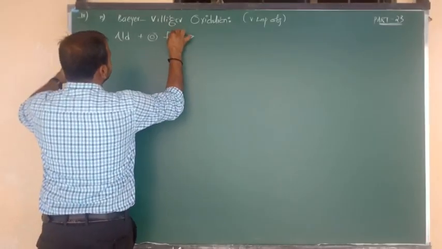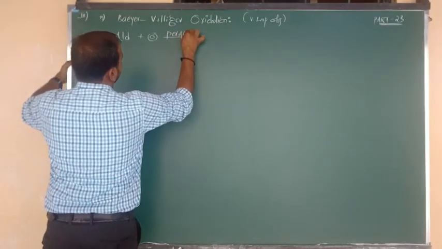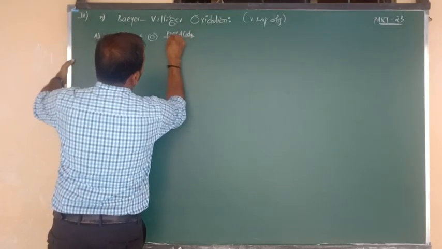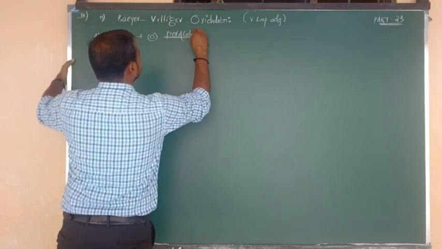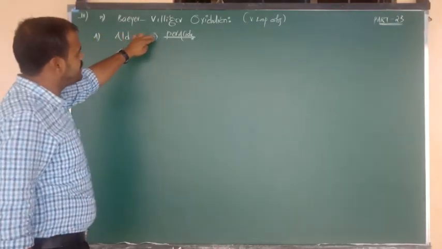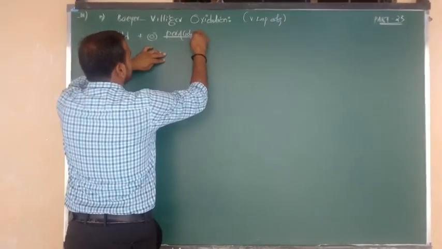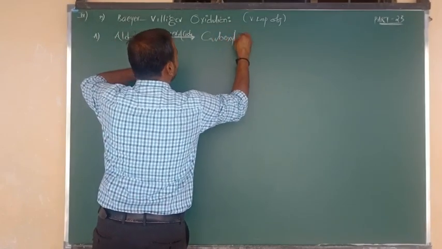So what is the reagent we are going to use? Peracids. This is the main thing. So aldehydes upon oxidation in the presence of peracids form products, which are nothing but carboxylic acids.